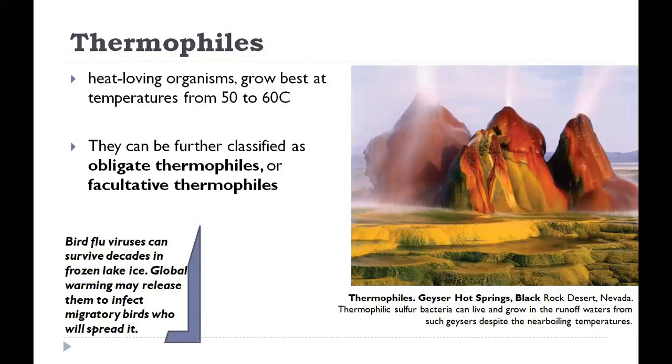The increasing temperature of the environment or global warming may release such organisms into the environment, and then it will lead to infection of migratory birds, which will spread in the entire world. So this is just one tiny aspect of global warming, and there are many such cascading effects which we are not even aware of currently.